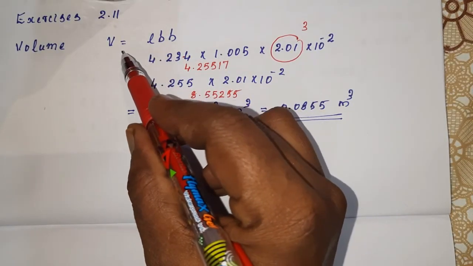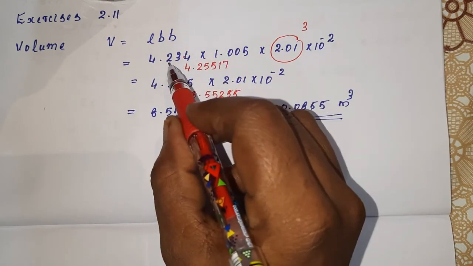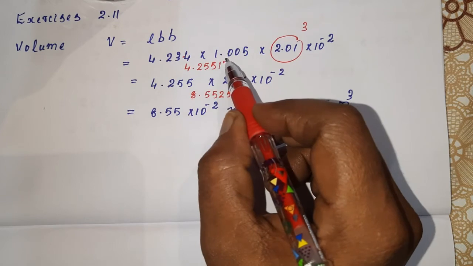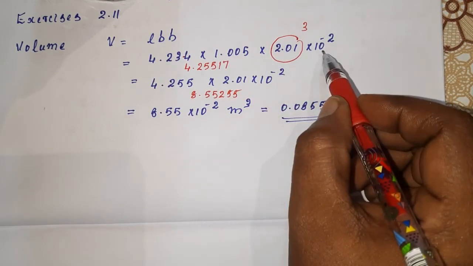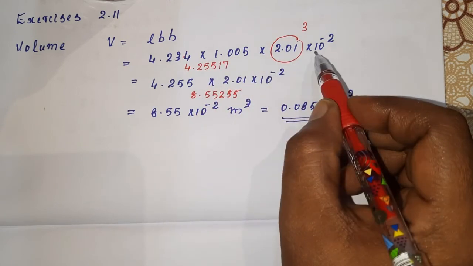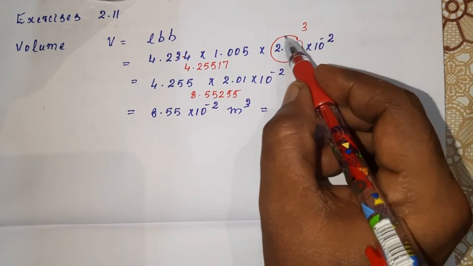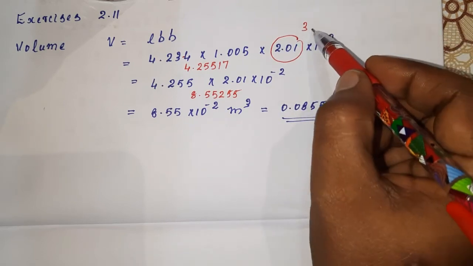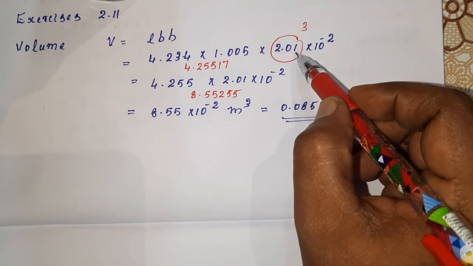Now the second part of the question, V is equal to LBH. By substituting, we have 4.234 into 1.005 into 2.01 into 10 raised to minus 2. This is a multi-step computation. In the final answer, you need only 3 significant figures because the least number of significant figures among the three is 3.